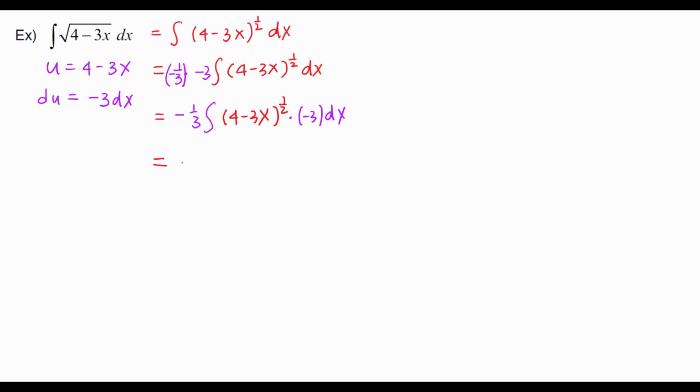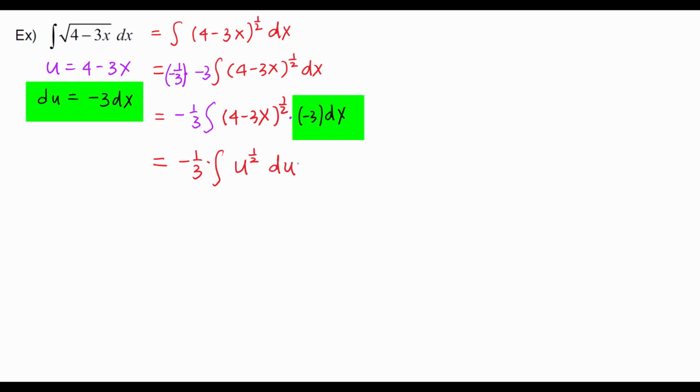Then I have negative 1/3 times, I'm going to do the substitution now. 4 minus 3x is your u. So I have now u to the 1/2 power, and negative 3 dx is my du. So I successfully changed this to u substitution. And now let's take the integral of that, negative 1/3 times integral of u to the 1/2 power.